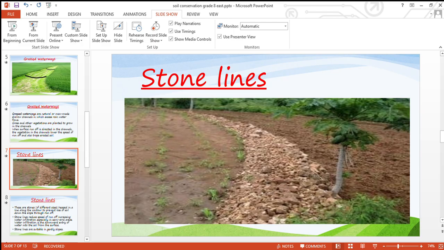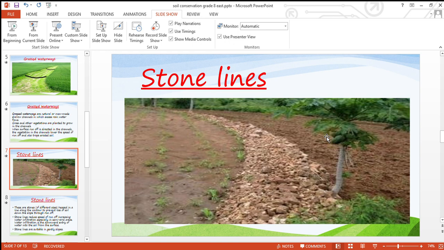Stone line. In MTP agriculture and in sharp CBC, we open page 4. Figure 1.04.